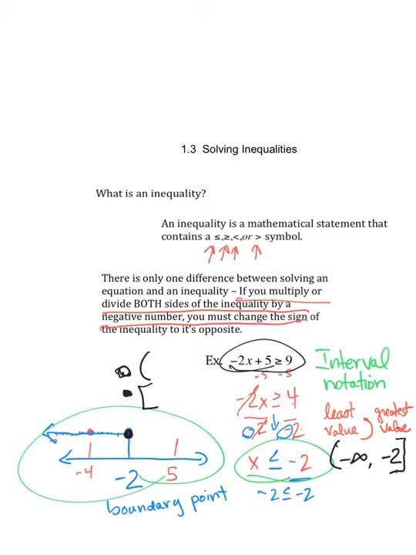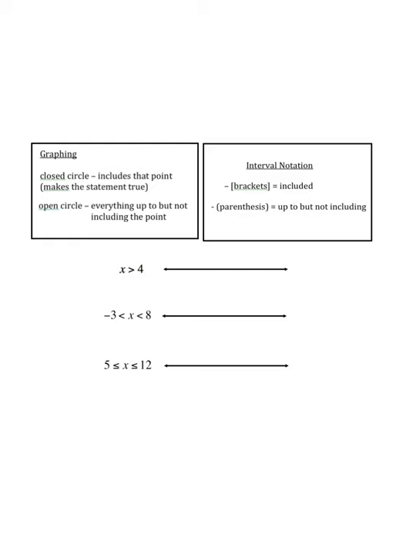Okay, so let's go to the next page. Ladies and gentlemen, that's all I got. So here we go. My little notes here telling you what's going on. If you graph an inequality, the closed circle means that the points are included, meaning they make the statement true.